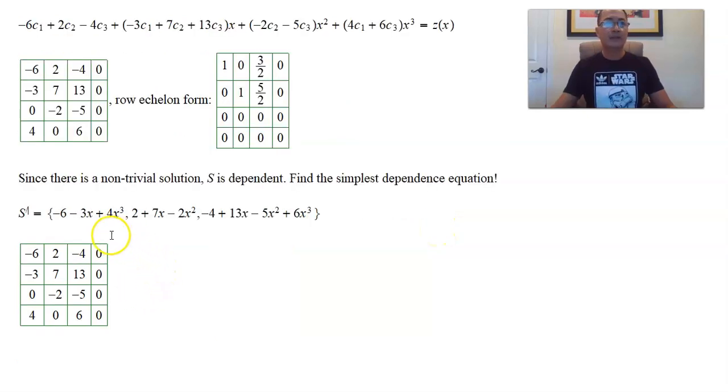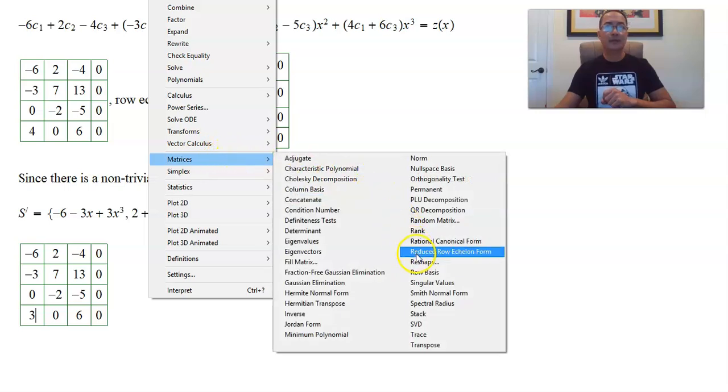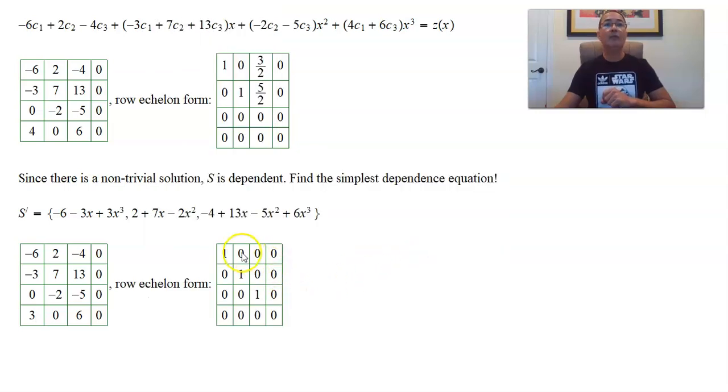As a bonus, let us look at that set where we changed the last coefficient in the first polynomial into 3. So the 4 just turns into a 3. Do we get a free variable? Not this time. Look at that.